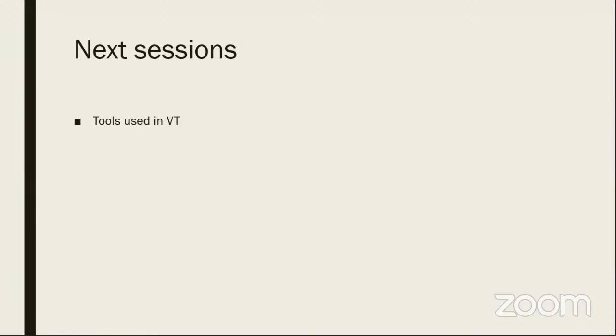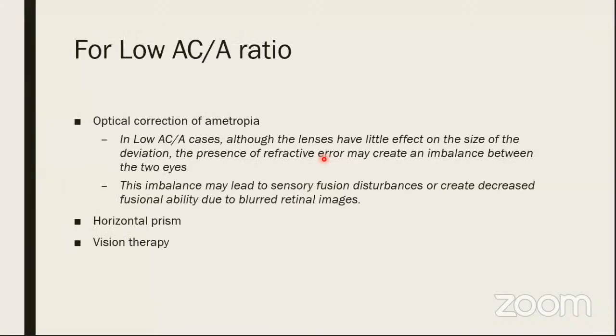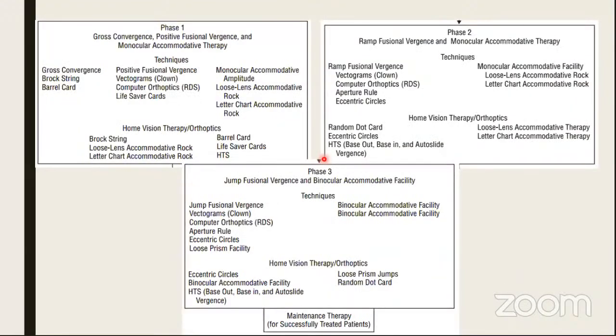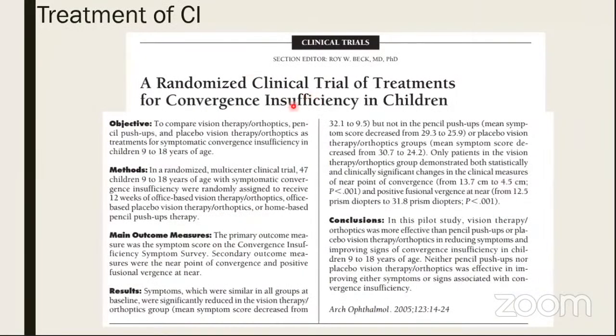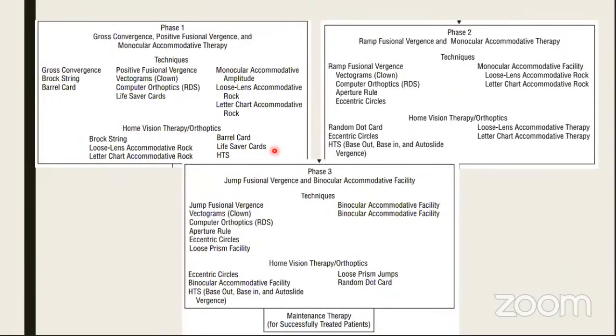Next question: when there are issues with both vergences and accommodation, is it always to manage vergences first and then accommodation? Actually, it's not true. I'd like to share this slide. As you can see, in this randomized clinical trial for the treatment of convergence insufficiency, the treatment was divided into 3 phases.